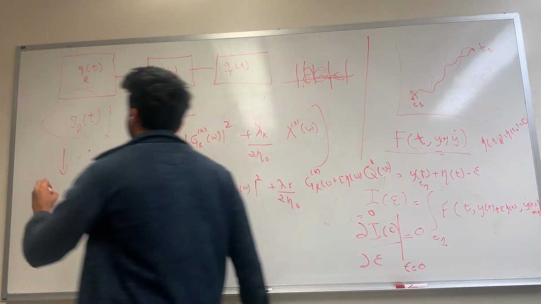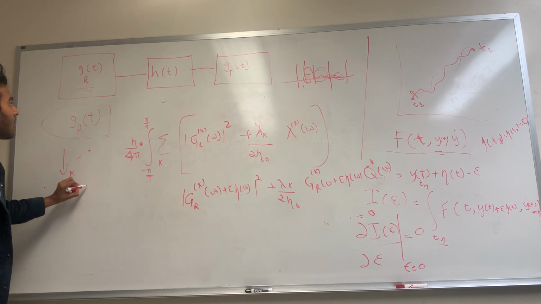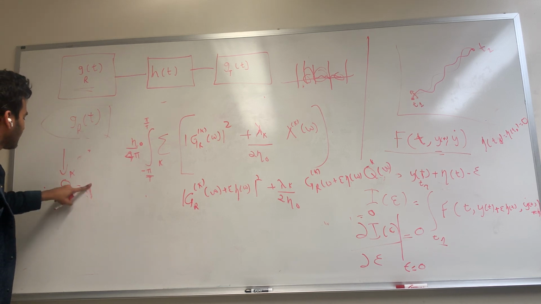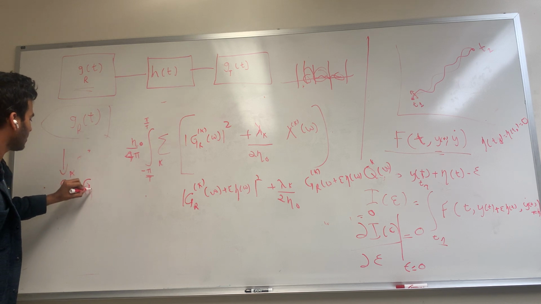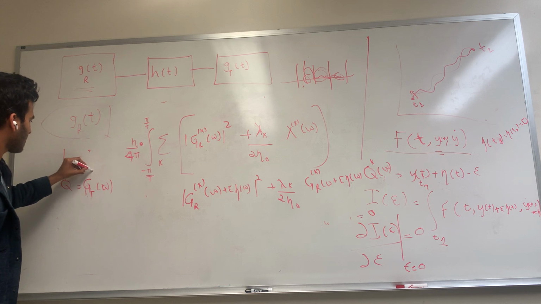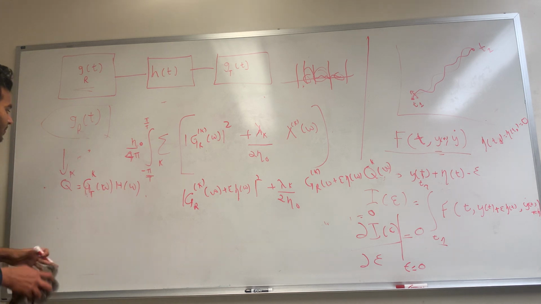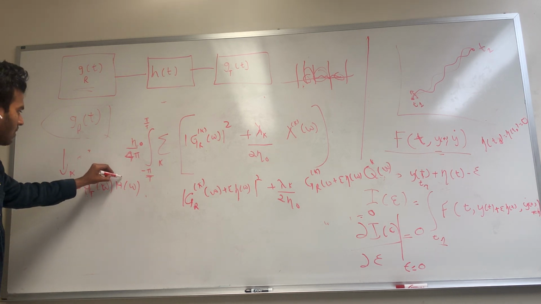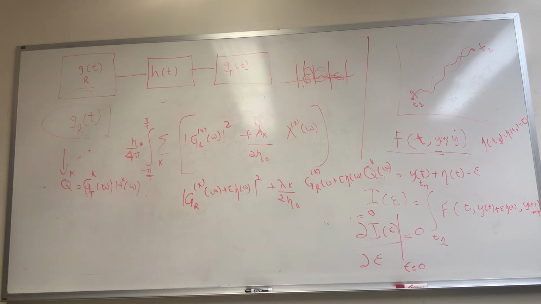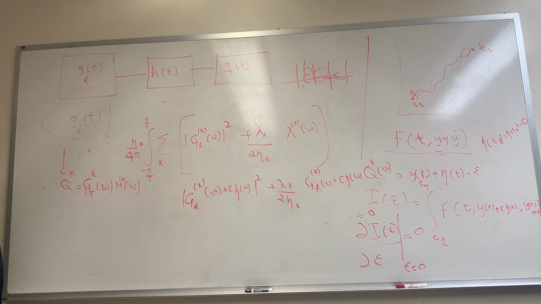So Q_k of omega is just the product, capital G_T of omega k times H of omega. The H_k of omega is the same as H of omega.